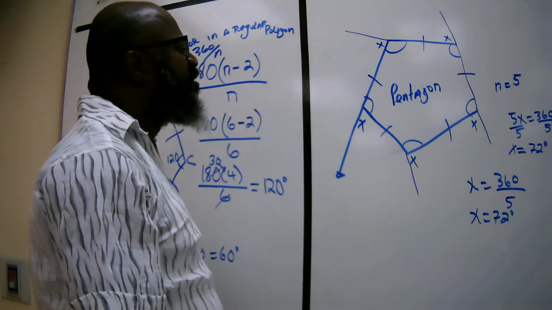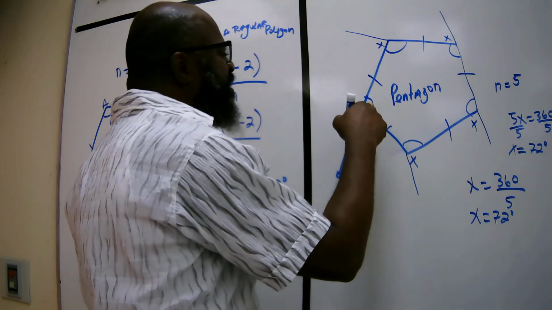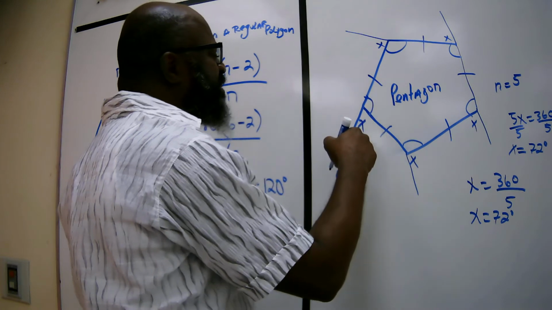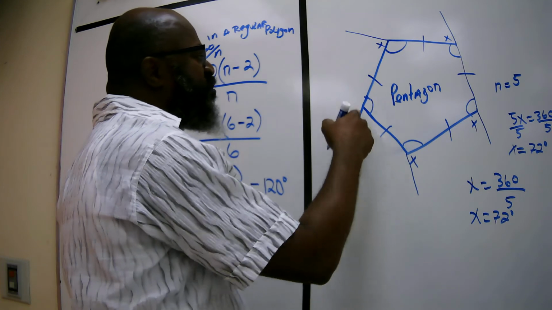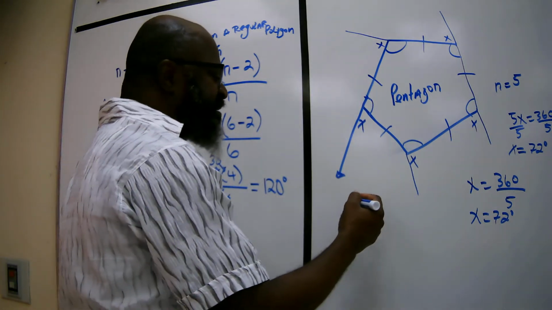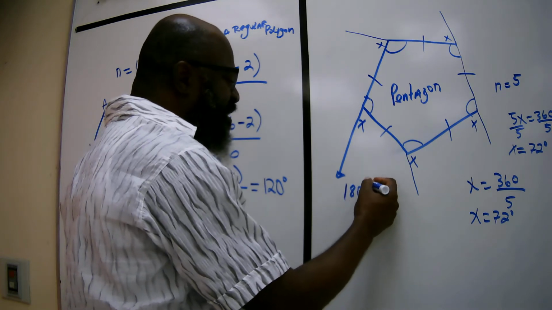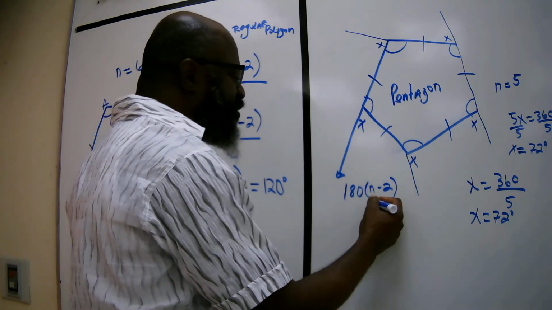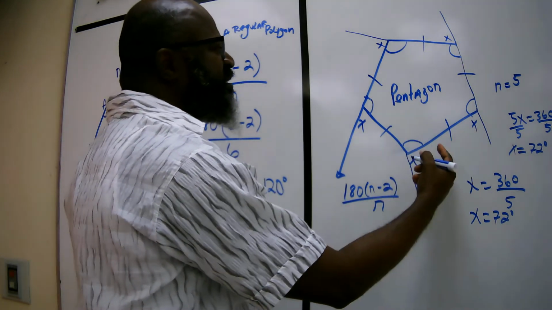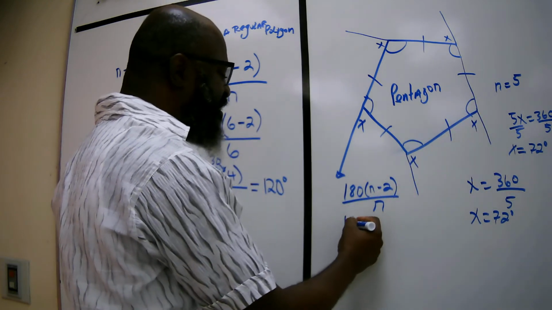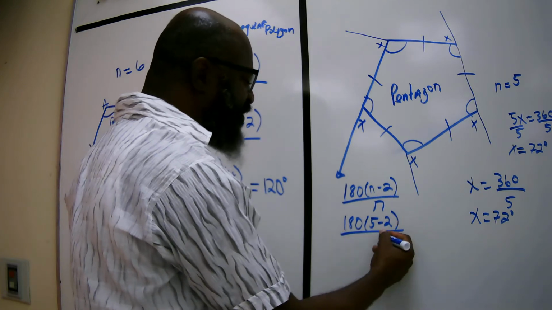The other way, I can find the interior angle. If I did not know how to find the exterior angle directly, I can find the interior angle. Since the interior and the exterior angle are supplementary, a linear pair, I can subtract whatever I find from 180, and I will find the exterior angle. The formula to find the measure of each interior angle in a regular polygon is 180 times n minus 2 over n. In this case, it's a pentagon, n is 5, so I will have 180 times 5 minus 2 over 5.